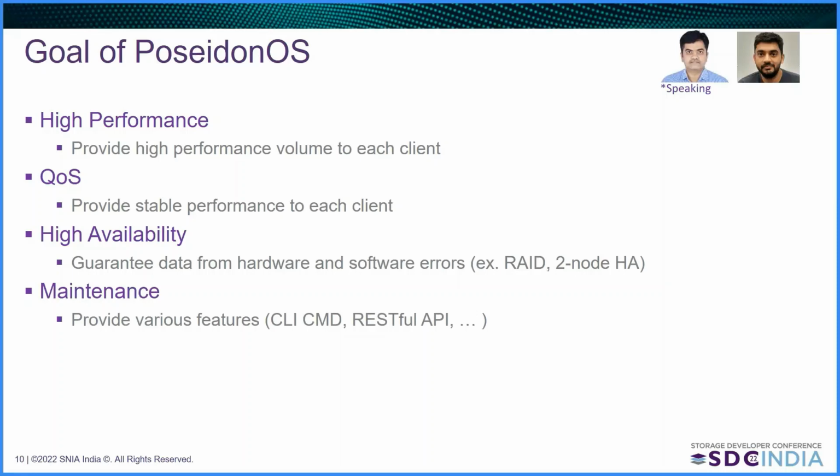Quality of service is provided in the form of stable performance at each client. Since all the SSDs are managed as RAID and also two-node high availability will be provided, data is guaranteed even from software and hardware errors. The main maintenance of Poseidon OS can be done using the CLI commands, also with the use of RESTful APIs.